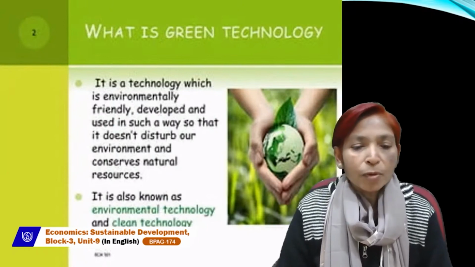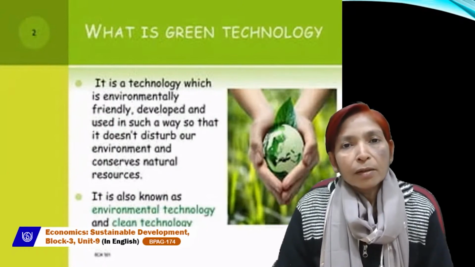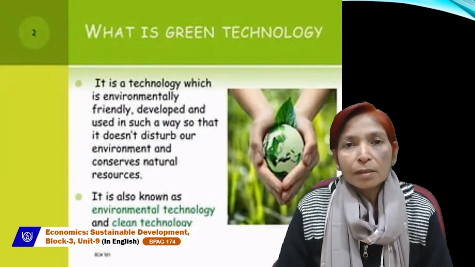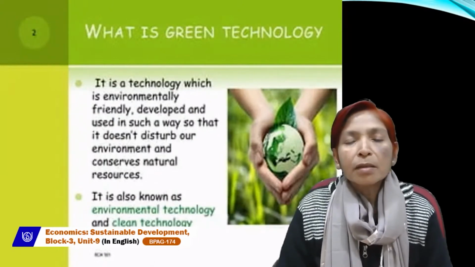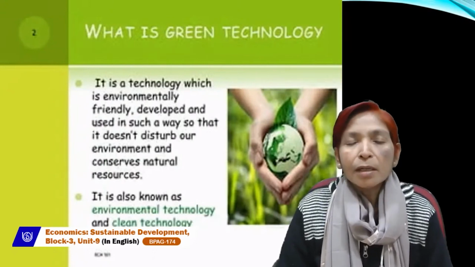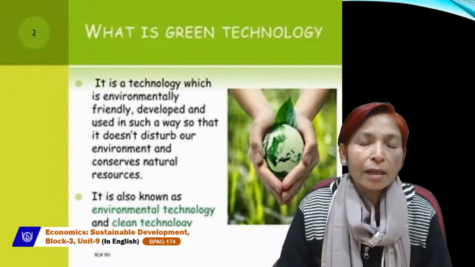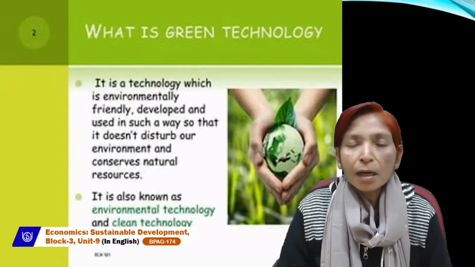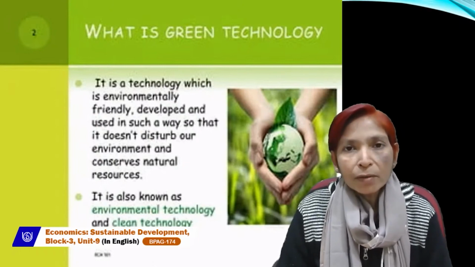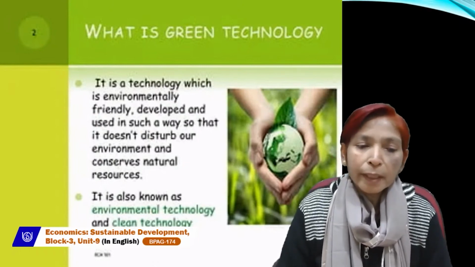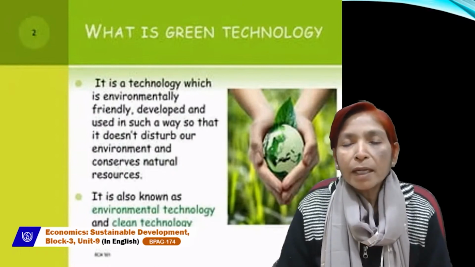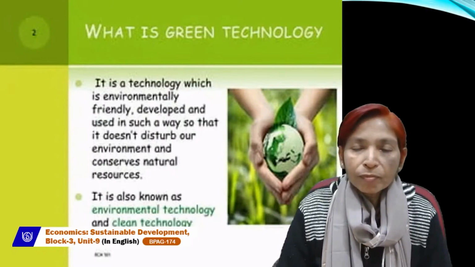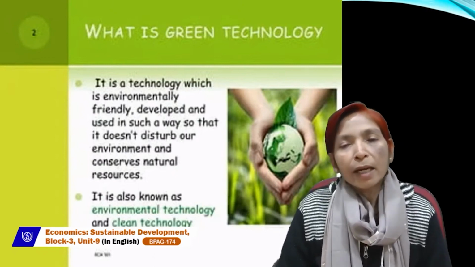And if the environment is protected, then we can live for a longer time period, and all human beings and all living things, or biotic components, can survive for a longer time period. So it is also known as environmental technology and clean technology.